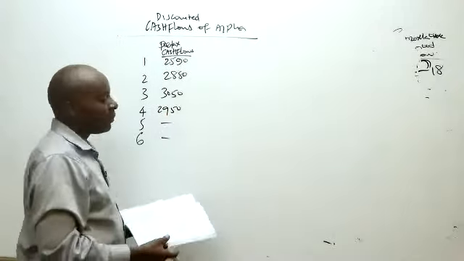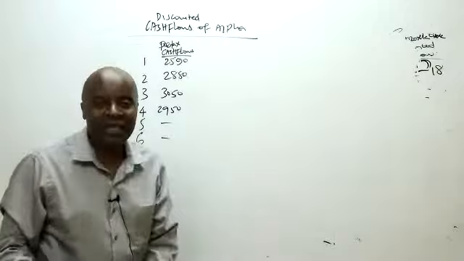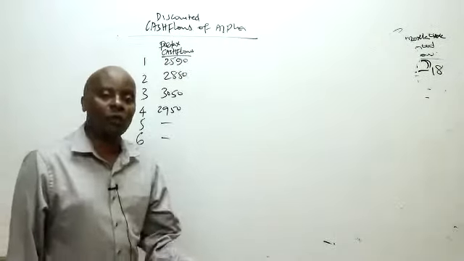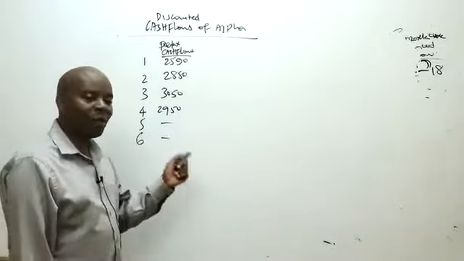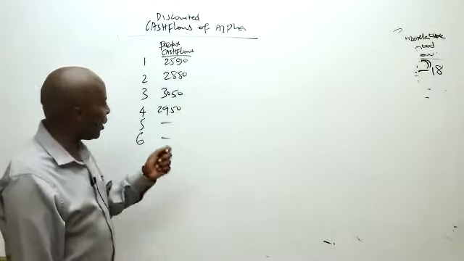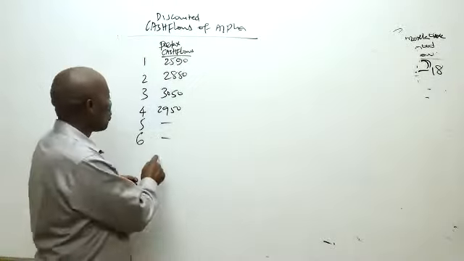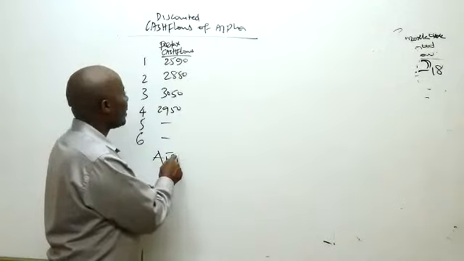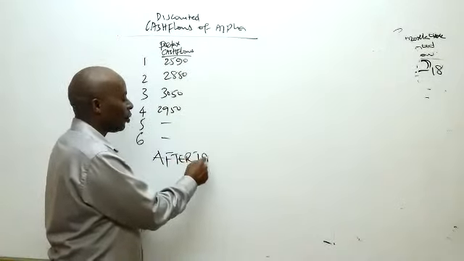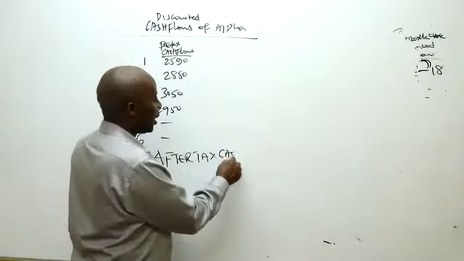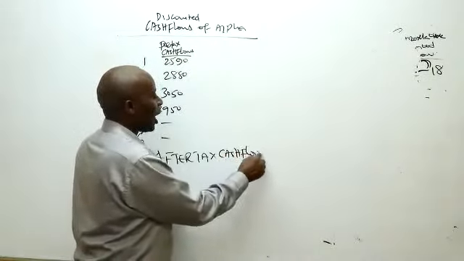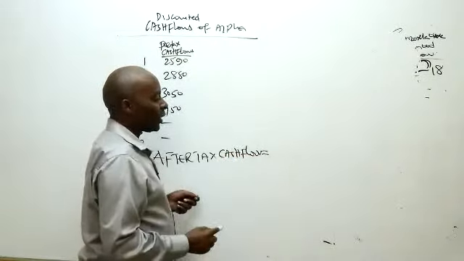Now, ladies and gentlemen, whenever you are given a pre-tax cash flow, your life becomes very easy. What you're supposed to come and give us is the after-tax cash flow.